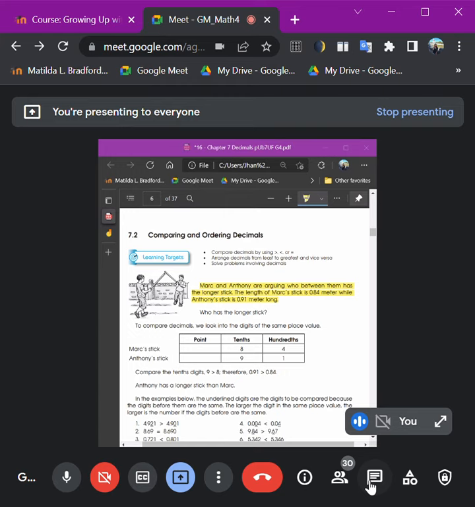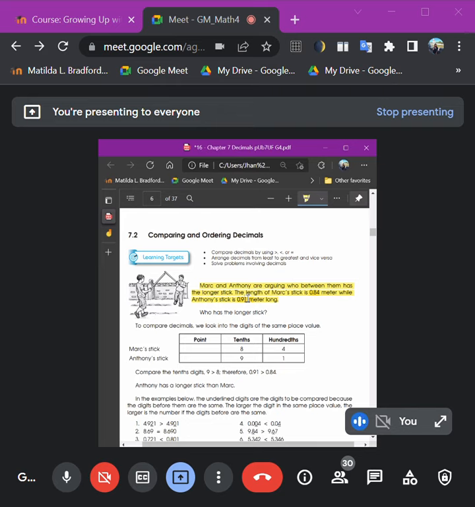Or you can also say that it is 0 and 84 hundredths meter, while Anthony's stick is 0 and 91 hundredths. We can read that using the place value. So now the question here is, who has the longer stick?